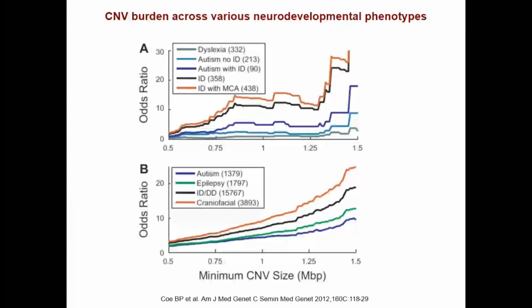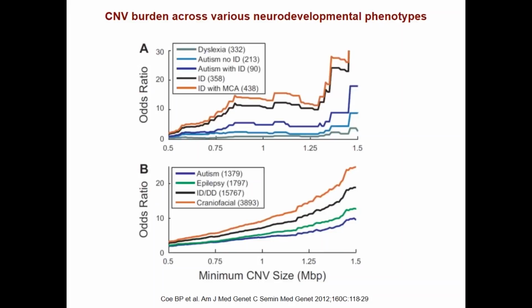So patients with craniofacial abnormalities, shown here in the blue in the red graph, patients with intellectual disability, patients with epilepsy and autism. So autism would be the smallest burden, and craniofacial abnormalities would be the highest burden of these CNVs. So the more severe the phenotype, the more the CNVs in number, and the bigger they are, so they will span more genes.